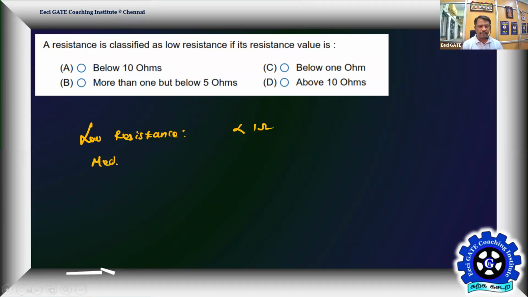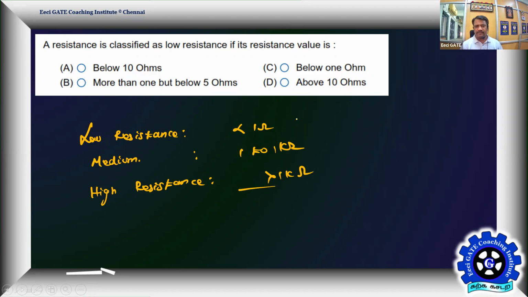Medium means up to kilo ohms, and high resistance means greater than kilo ohms, perhaps 1 kilo ohm. So greater than 1 kilo ohm, we can call it high resistance.